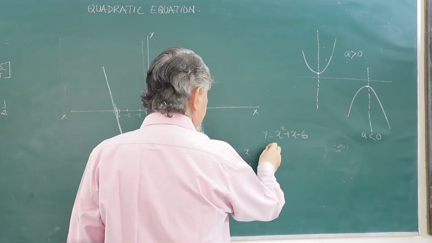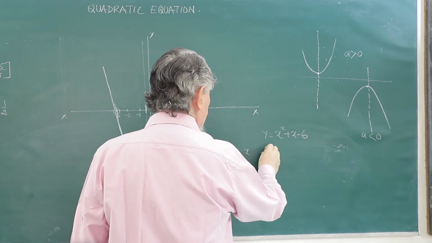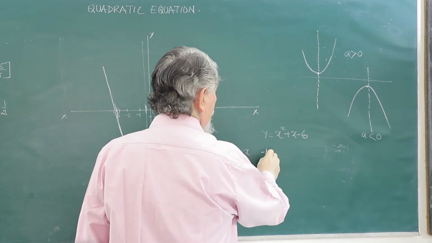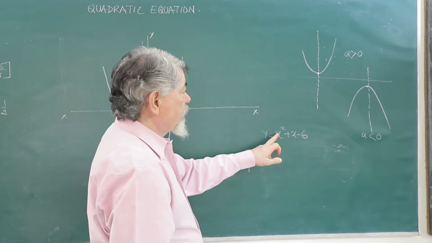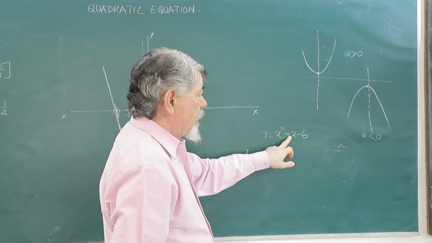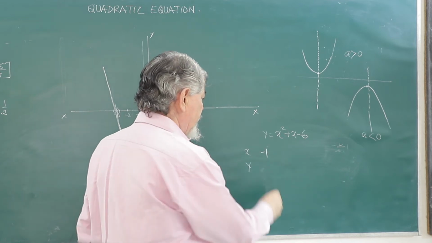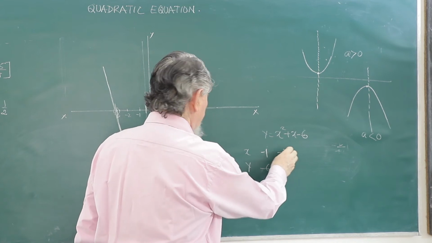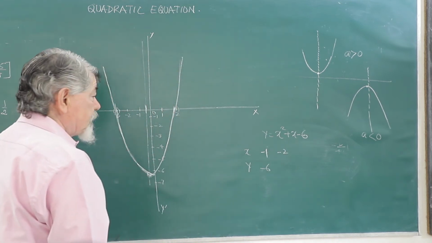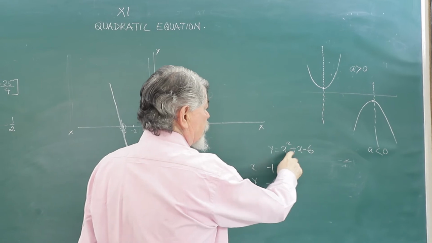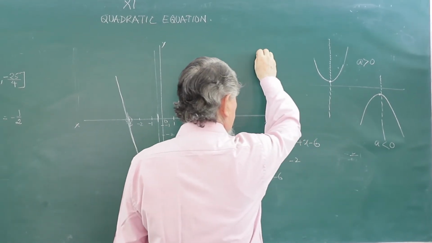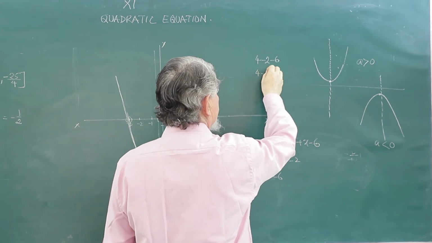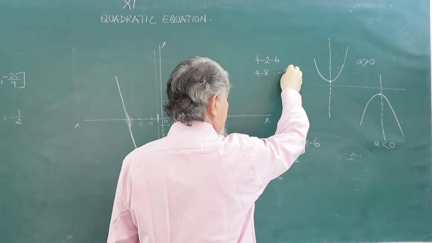For example, if x is minus 1, what will be the value of y? Minus 1 whole square is 1, minus 1 will cancel, so it will be minus 6. If I take x is equal to minus 2, what will be the value? Minus 2 whole square is 4, minus 2 minus 6, it will be 4 minus 8, which is minus 4.